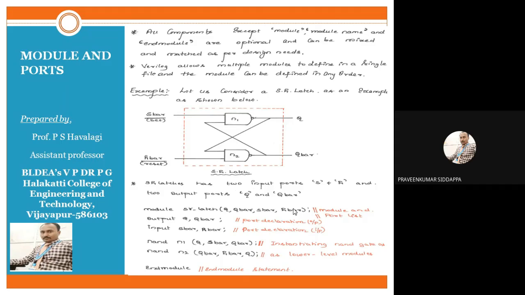Is it clear? Because of that, I have written Q and Q bar as the outputs by using the keyword output. Next, input S bar and R bar. In any order you can write it within the parentheses. First you can write output or first you can write input, no problem.